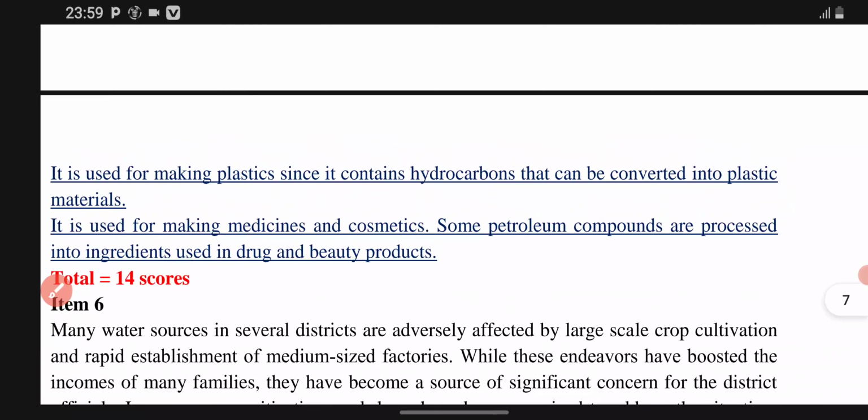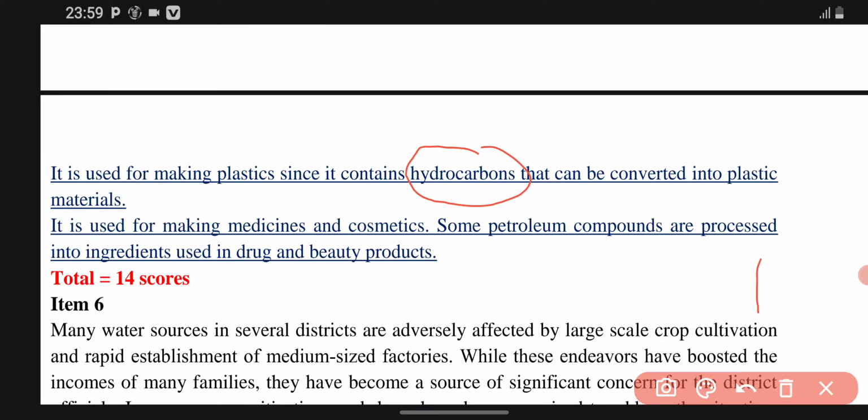Sorry for that. We say it is used for making plastics since it contains hydrocarbons that can be converted into plastic materials. When we talk about hydrocarbons, let me hope your chemistry teacher actually must have taught you this. These are components which contain only hydrogen and carbon, only those two.